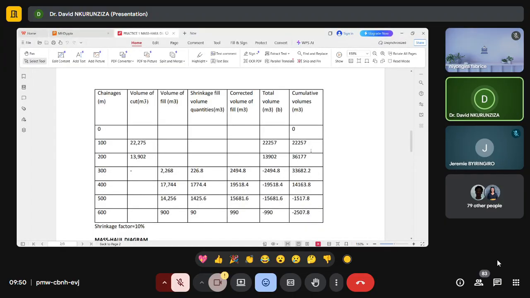You know the mass haul diagram gives us information about the cumulative volume. You remember by definition, it is to analyze the cumulative volumes. So we have this 13,902 plus this, and then it becomes 36,177. This is cumulative. Then from 300 up to 400, we are filling.